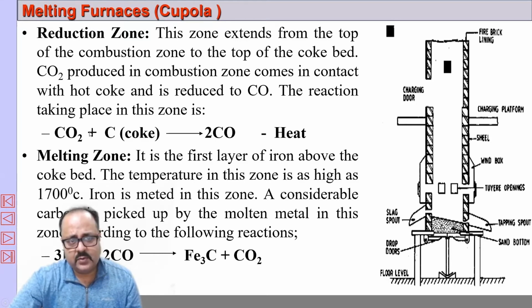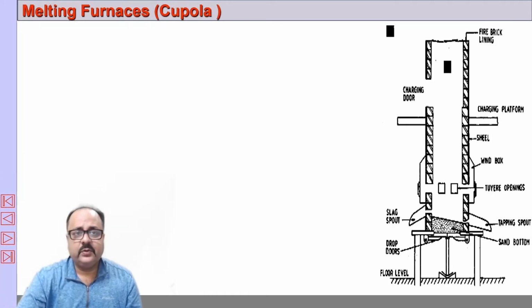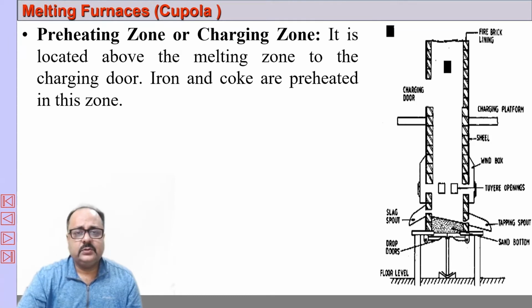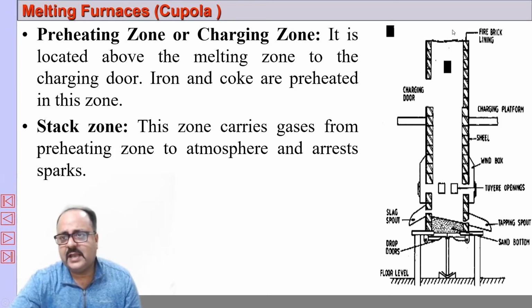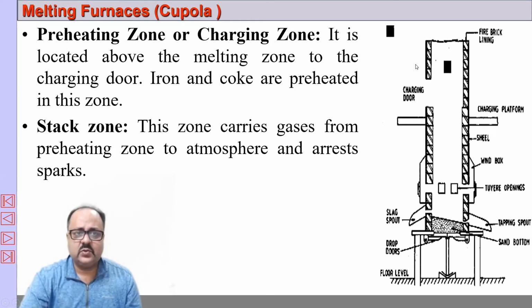So the carbon monoxide reacts with this iron to give iron carbide and carbon dioxide. Then the preheating zone, above that up to the charging door, and finally the stack zone through which the gases escape. So these are the zones in the cupola.